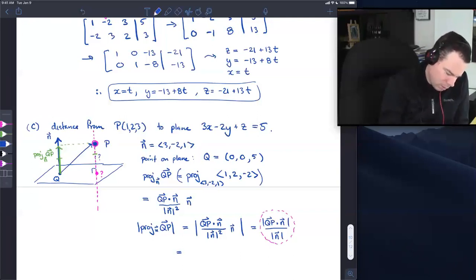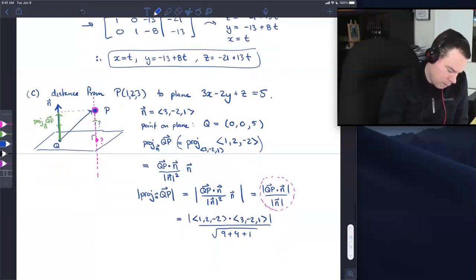So the dot product of QP with the normal vector is (1, 2, -2) dot the normal vector, which is (3, -2, 1), and that's in absolute value because we're looking at a length here. And then that's all over the length of the normal vector, which is the square root of 9 plus 4 plus 1.